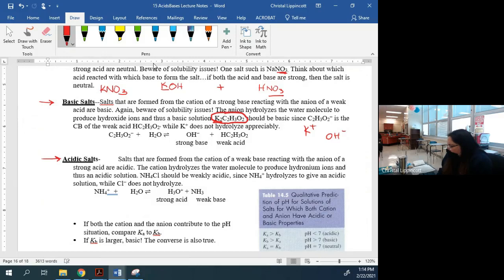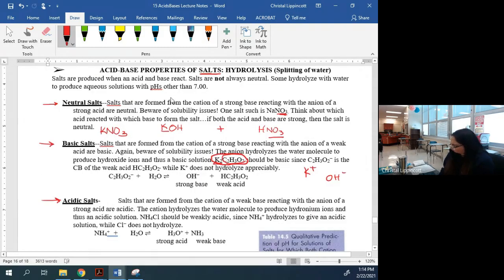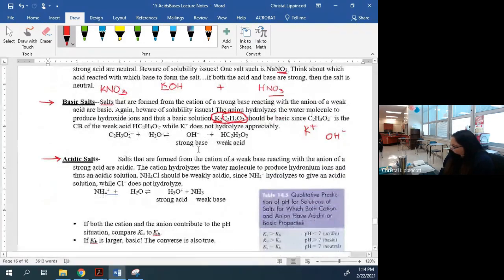This, though, is going to meet up with a hydrogen. It's going to hydrolyze, or split, water. Hydrolysis, splitting of water. It's going to split a water, and this is going to form a weak acid. It leaves this behind. So that's going to increase the hydroxide. It's going to make the water basic because these are building up in there.